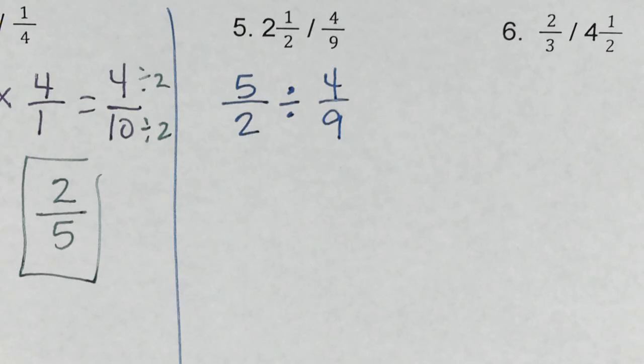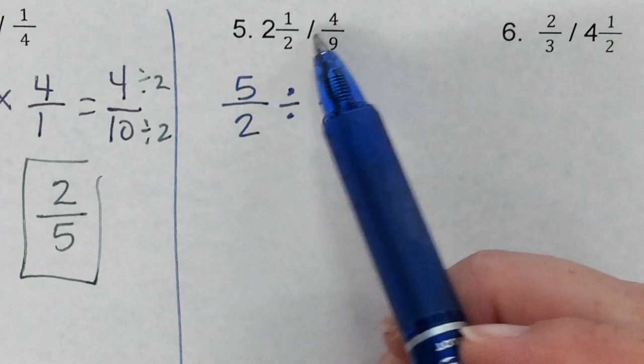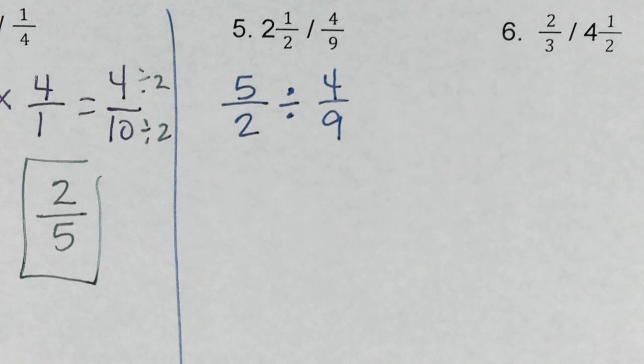Does anyone have questions on step 1? Yes, ma'am. I only did step 1, around the world, because this says 2.5 divided by 4/9. Yes, I haven't done that next step. Yes, you're just ahead of me.